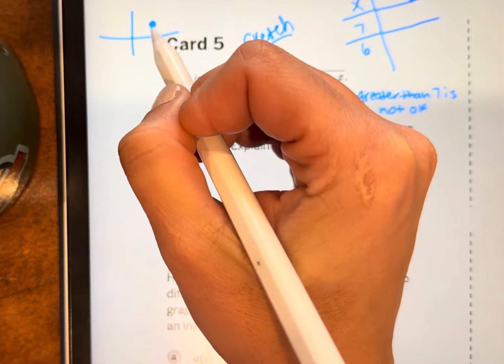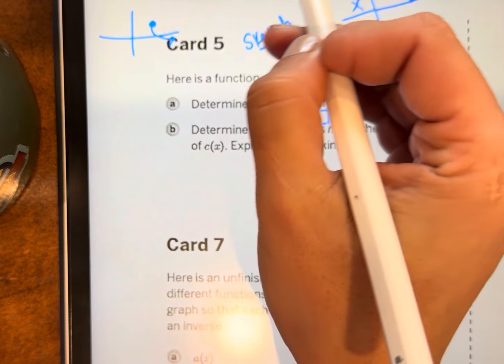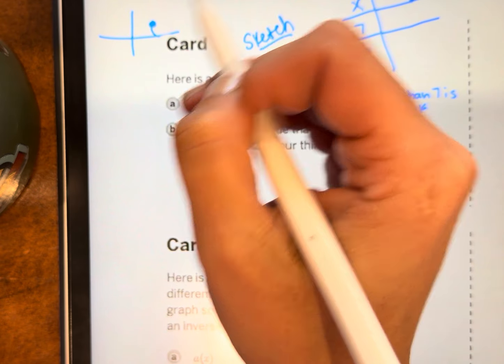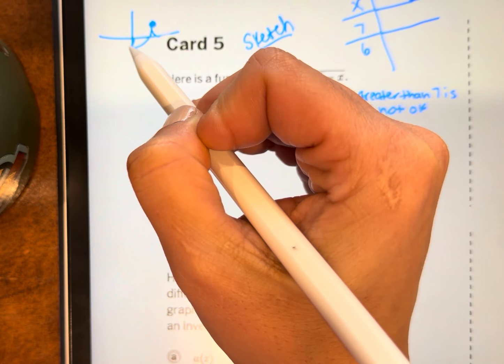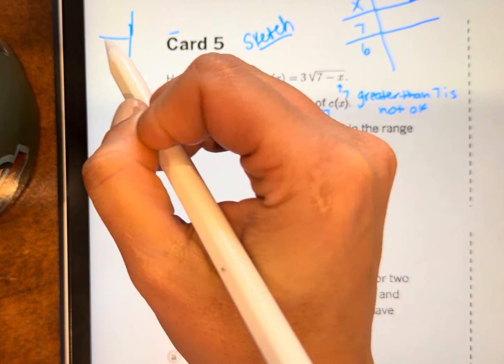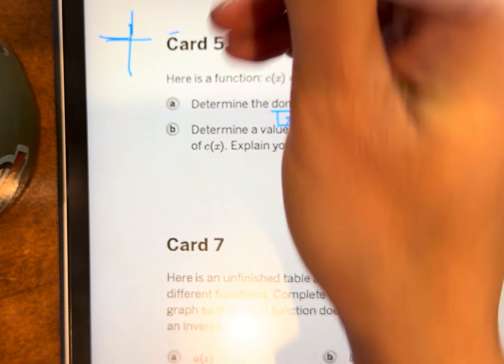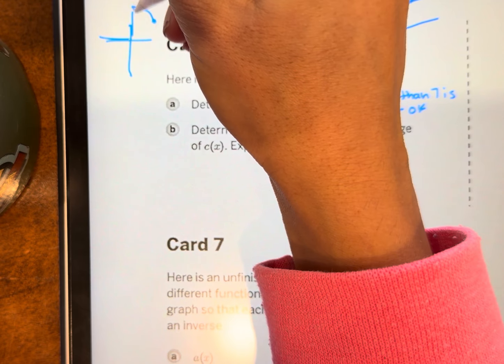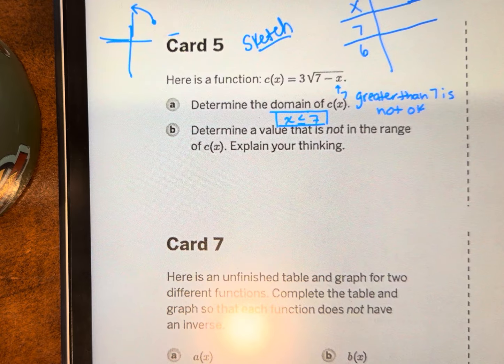They could go down. They could go down to the left, or they could go up to the left. So they can go in any direction. However, the point is that they go in a particular direction.